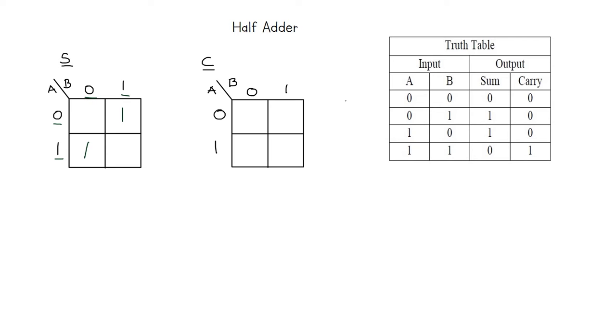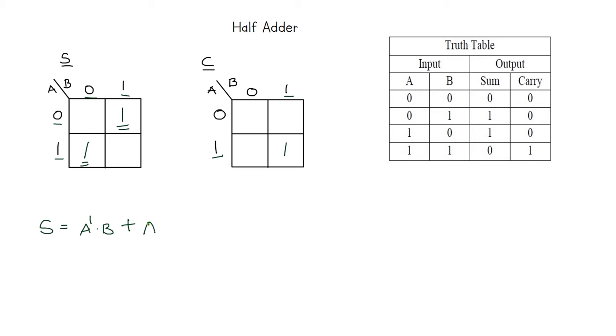Now to obtain the expression of carry, we see when both A and B are high, the carry is high. That means when A is 1 and B is 1, the carry is 1. Using this, we can obtain the expression of sum and carry. For sum, it can be written as A dash and B plus, at this position, B is low and A is high.